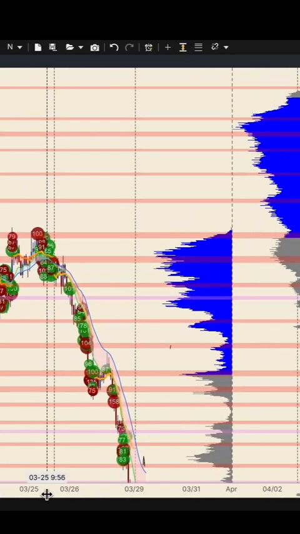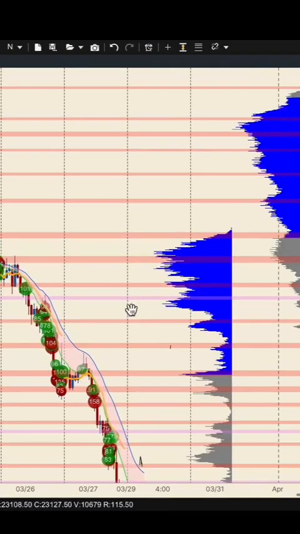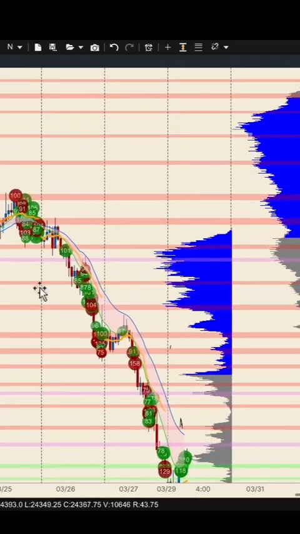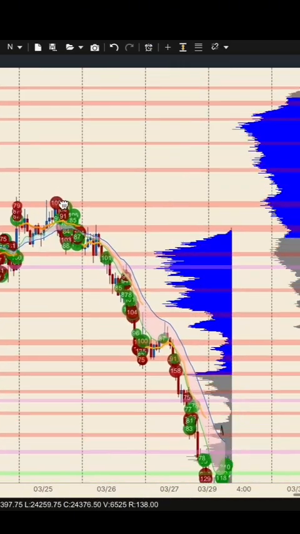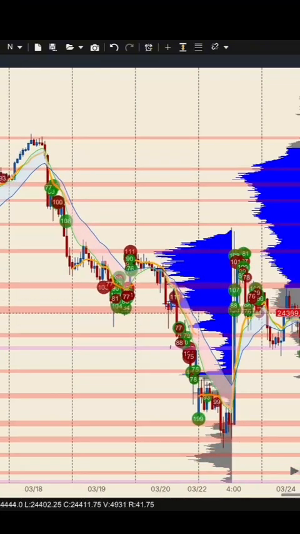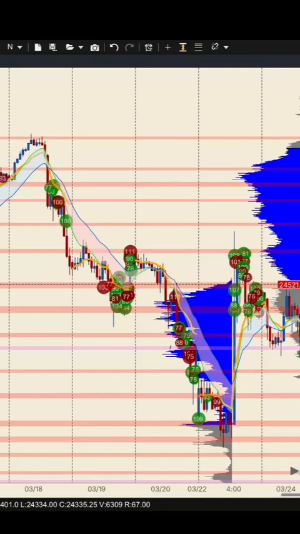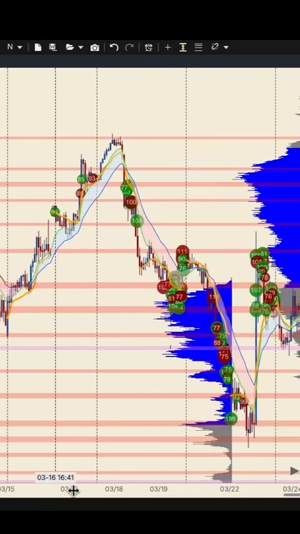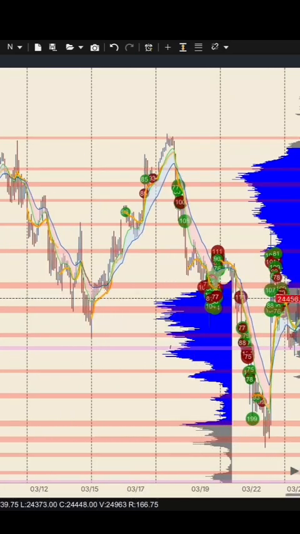And then once that happened, we broke out of the balance. So this would be a failed auction here. This would be the little bit of balance low.